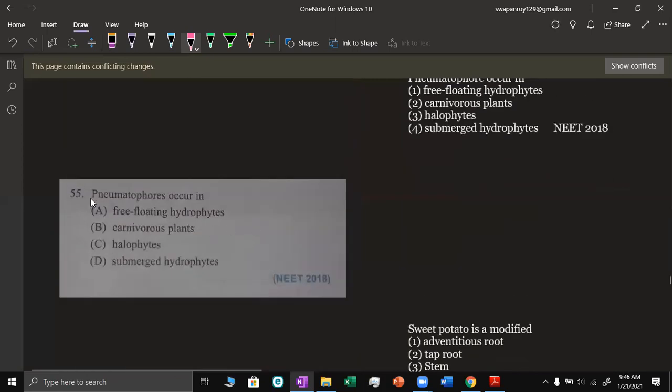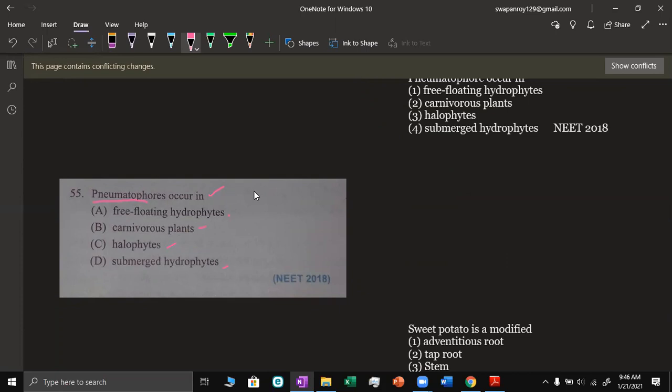Next one, pneumatophore. Pneumatophore occurs in free-floating hydrophyte, carnivorous plant, halophyte, submerged hydrophyte. Where do we get pneumatophore?